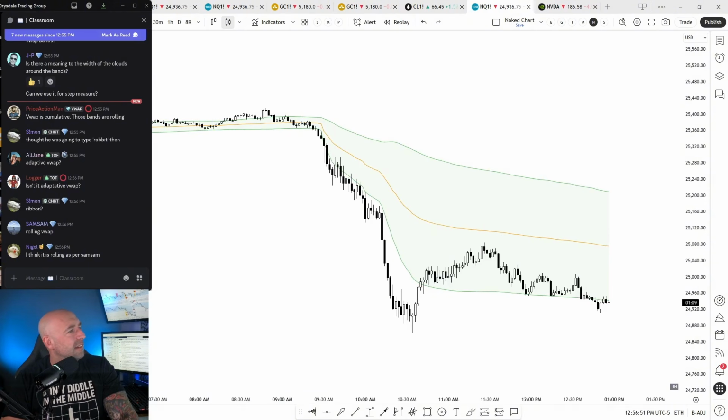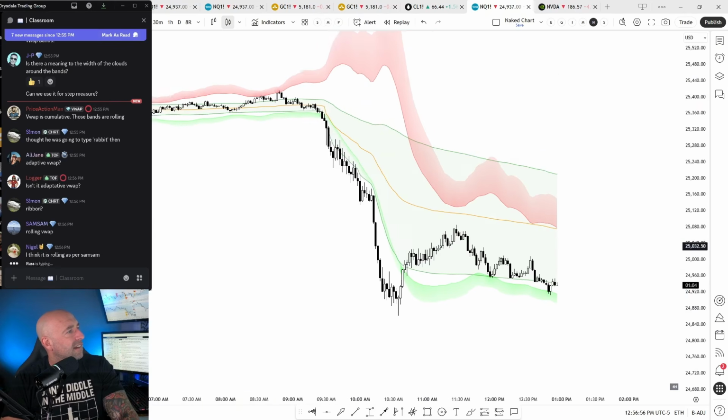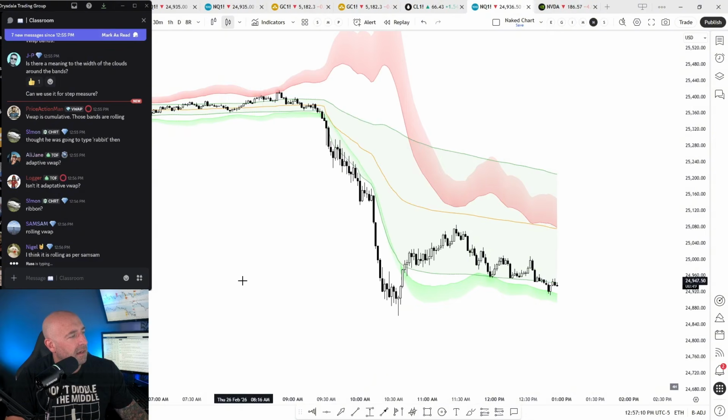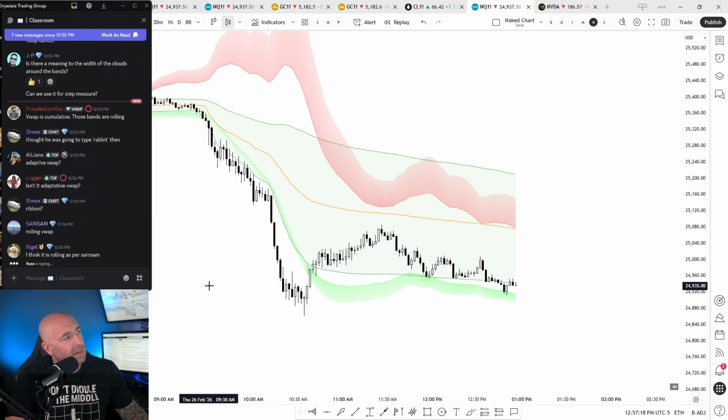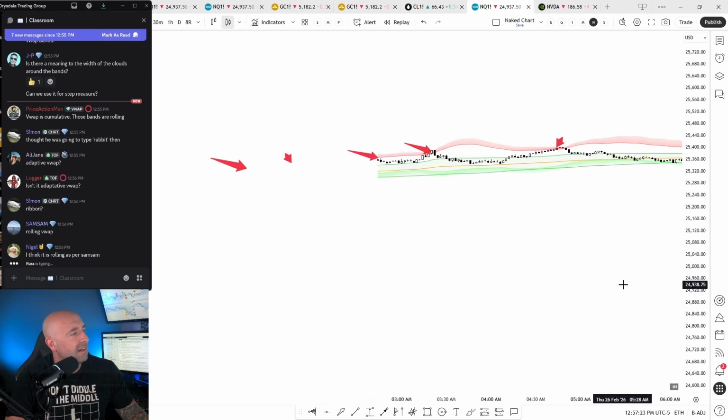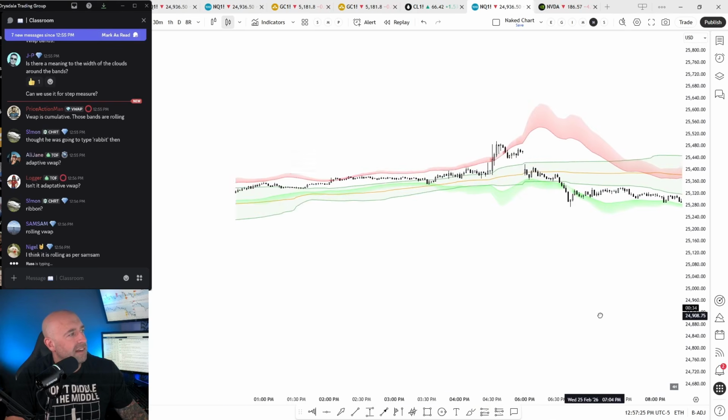Let's put it on. So this is a VWAP that has no anchor point and it just has a look back period. So it's looking back 10. Let's change it to 14. There it goes. So it never stops or ends.